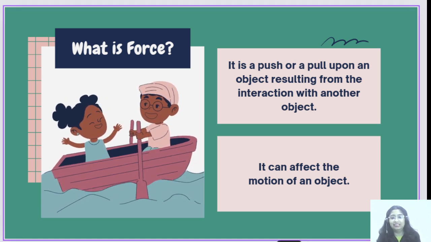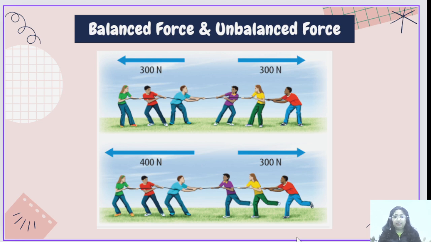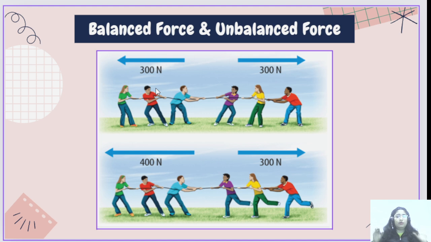Let's see this. So basically, there are two types we can say: balanced force and unbalanced force. Okay, like have you ever played tug of war? In your school, in any sports activities, have you ever played tug of war? So what happens if an equal number of people are on the two sides?